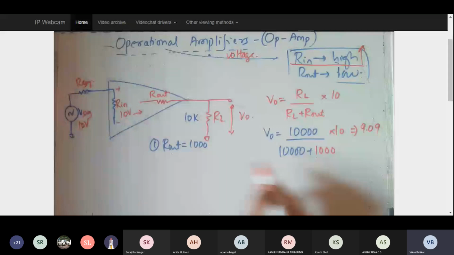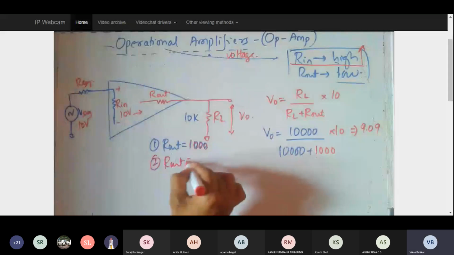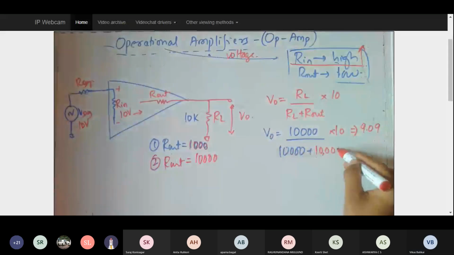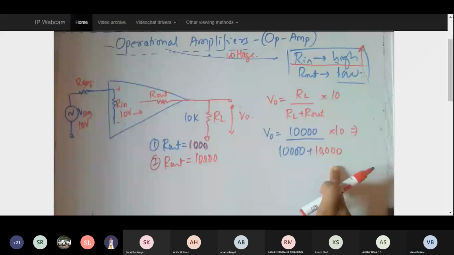Let us consider for the second case Rout equal to 10,000. Rout equal to 10,000, then 10,000 divided by 10,000 plus 10,000, into 10.